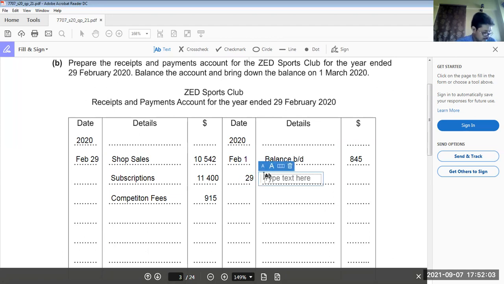Okay. Shop purchases. How much are the shop purchases? 7,600. Done. It's just like a cash book: debit side for the inflow of cash and credit side for the outflow. Competition prizes.